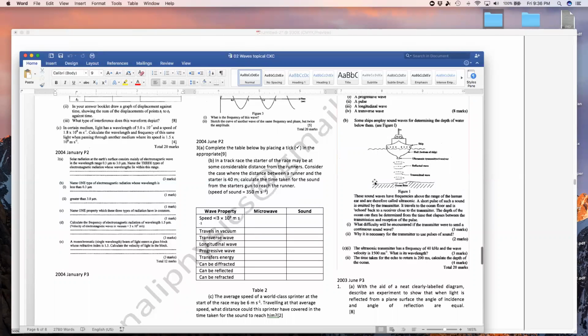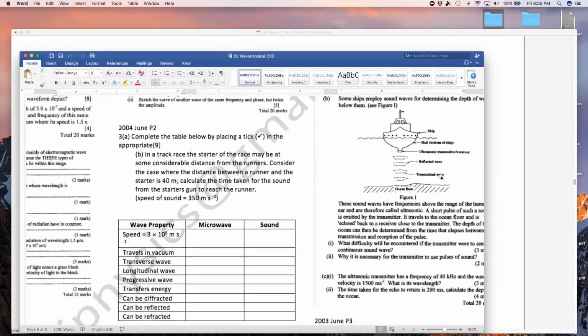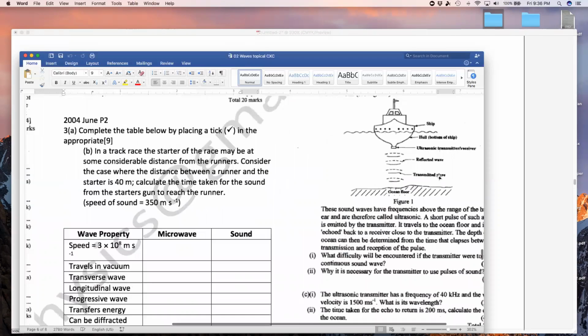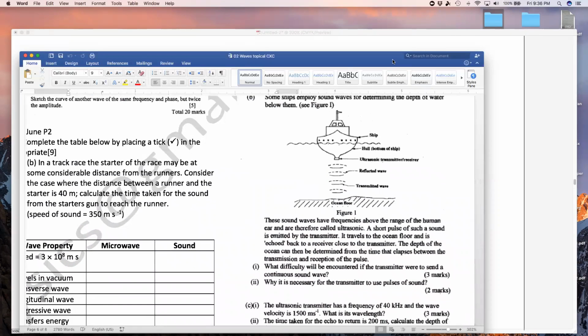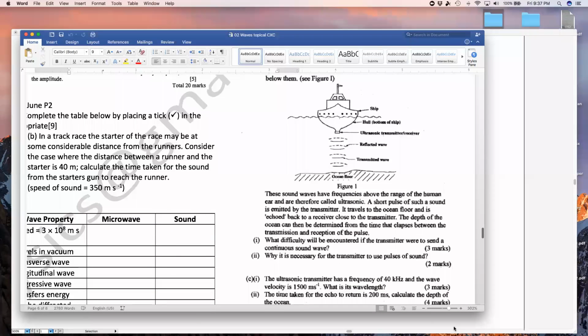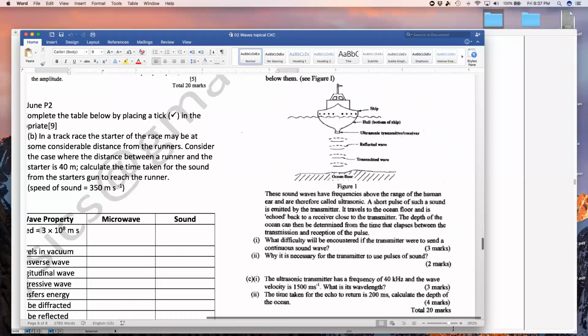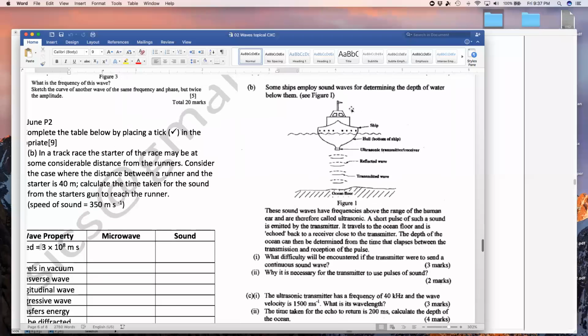So let's get into this. You all could see this, or I'll make it bigger. Now, some ships employ sound waves in determining the depth of water below them.